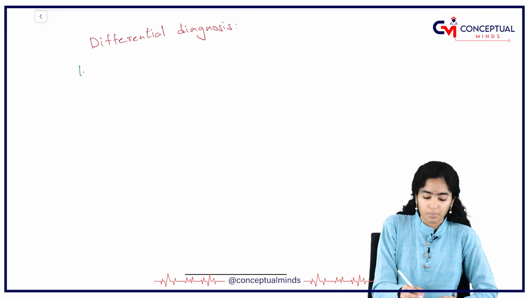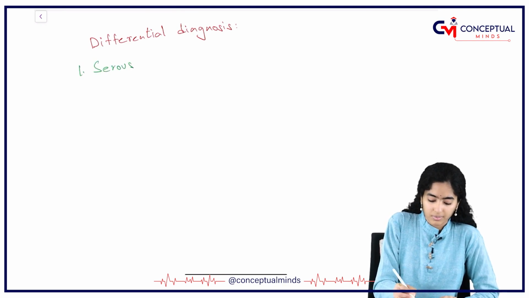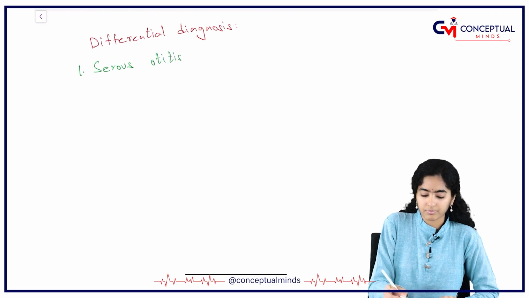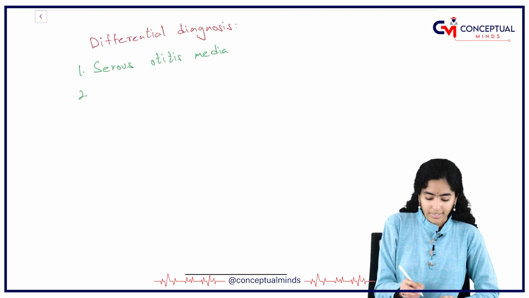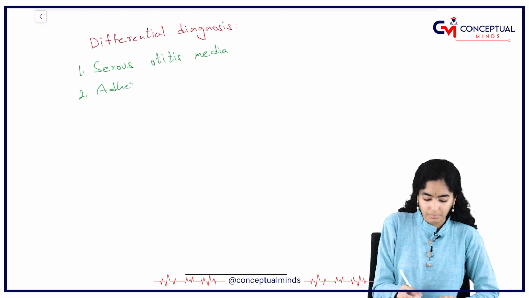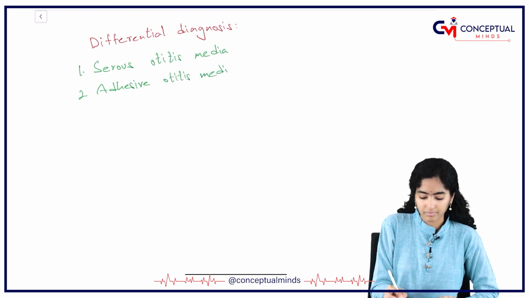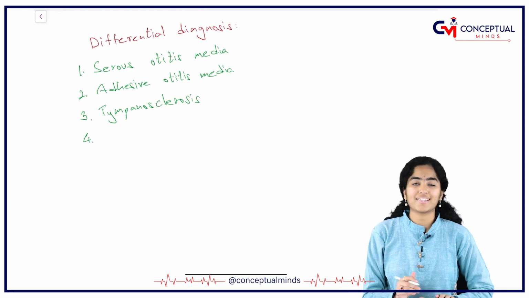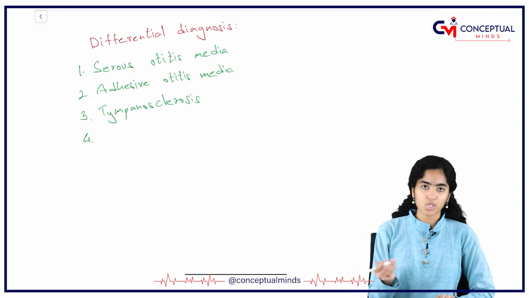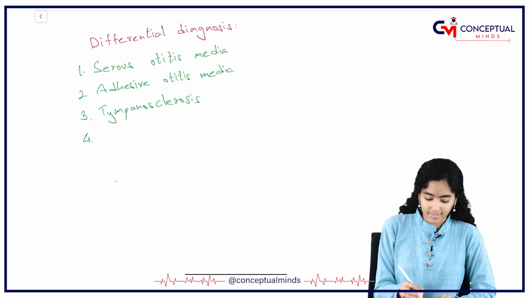One is, it could be a normal serous otitis media. It could be adhesive type of otitis media. Tympanosclerosis. We are also observing features of stapes fixation, but instead of stapes, it is possible that the head of malleus itself is fixed in the attic.